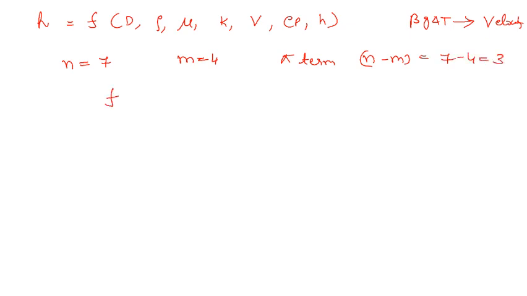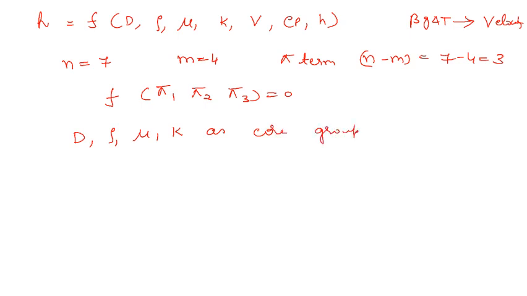So f is a function of phi 1, phi 2 and phi 3, equal to 0. Arbitrarily choosing d, rho, mu, k as the core group, the repeating variables for the terms are: phi 1 equals d to the power a1, rho to the power b1, mu to the power c1, k to the power d1 and v.